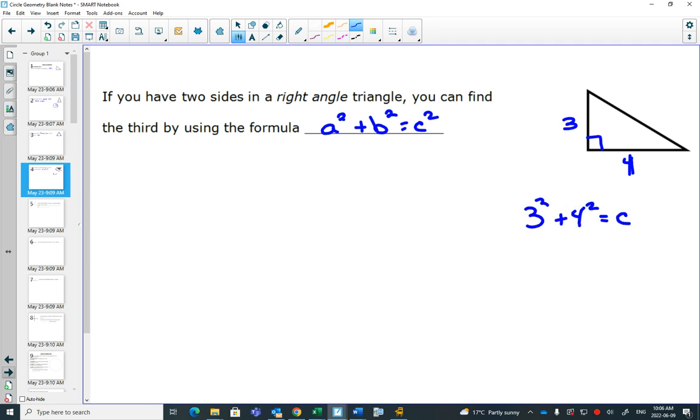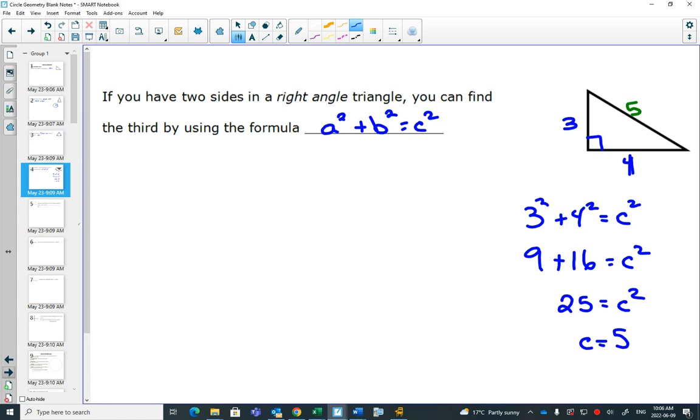Does anybody recognize this? This is a famous triangle. It's the 3, 4, 5 triangle. It is the smallest triangle where all the numbers are whole numbers, and it works.